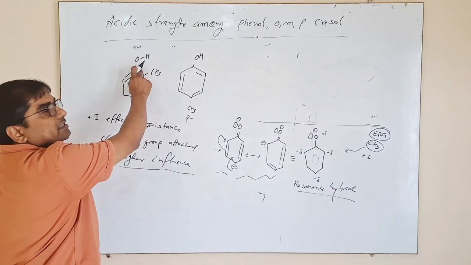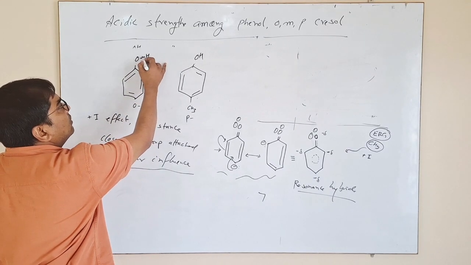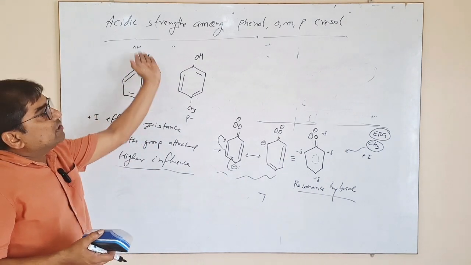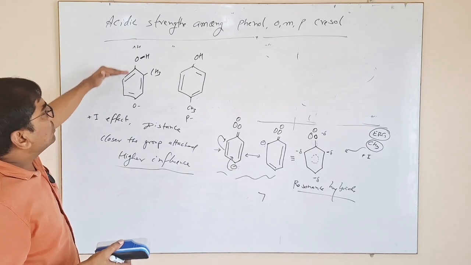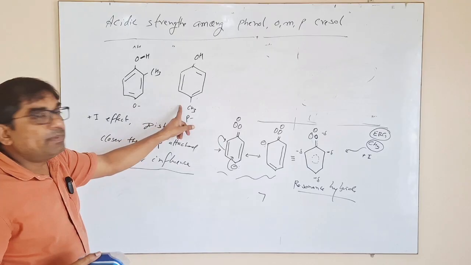So the higher the electron density due to the closer group attached, the stronger the OH bond and the less tendency to release proton in solution. That's why orthocresol will become less acidic than paracresol.